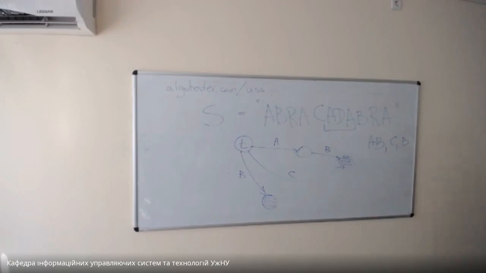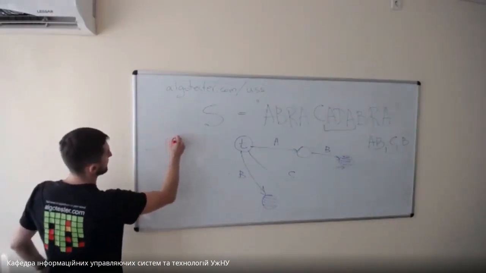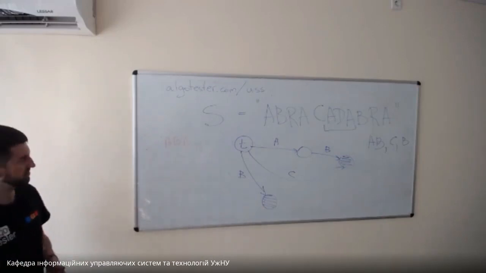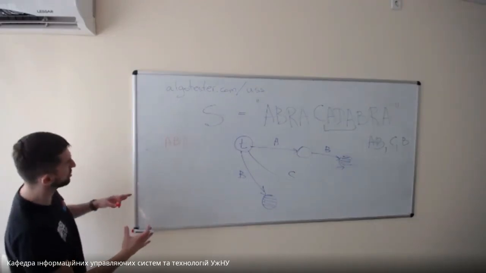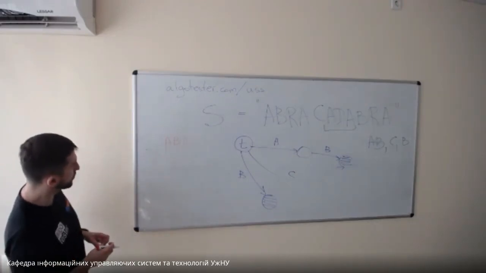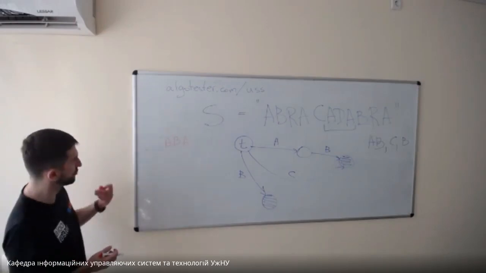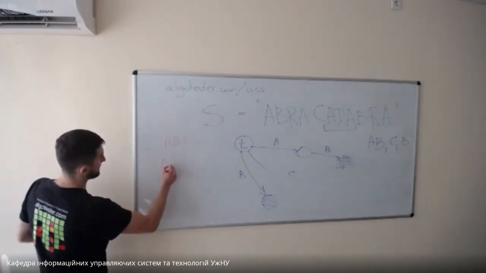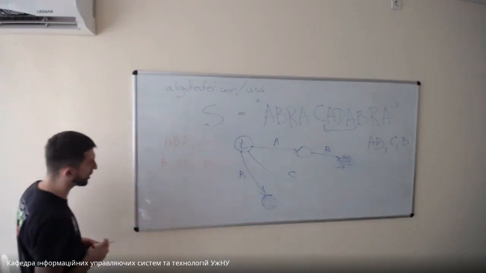For example, if we have some string ABA, let's say, so let's construct a suffix automaton which will accept all suffixes of ABA. So tell me, what are all non-empty suffixes of ABA? Of course, A, BA, and ABA. So these are all non-empty suffixes of this string.